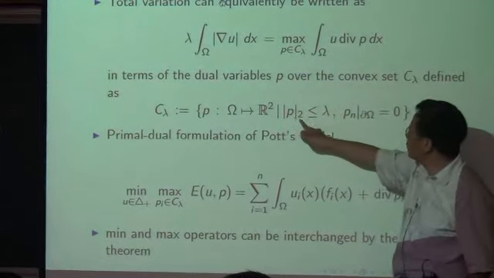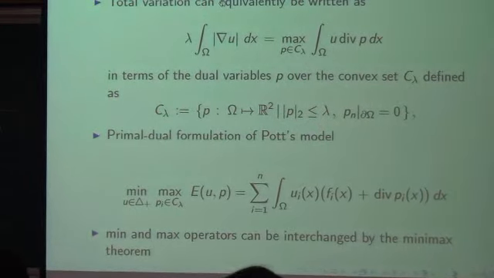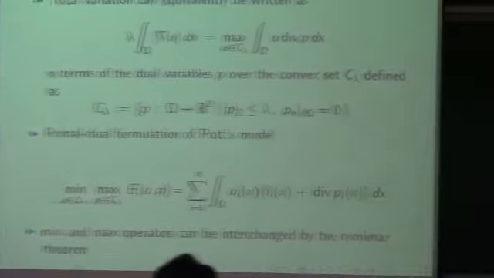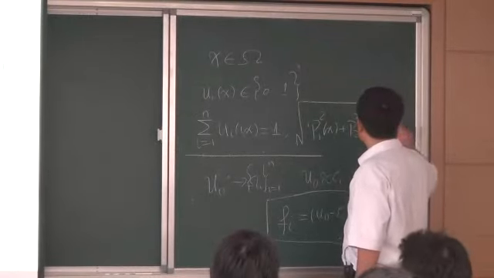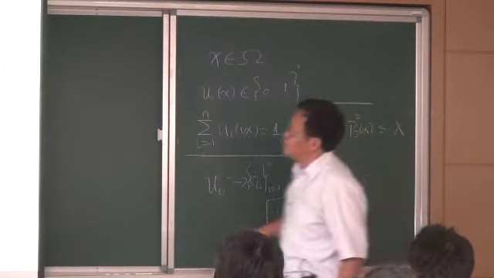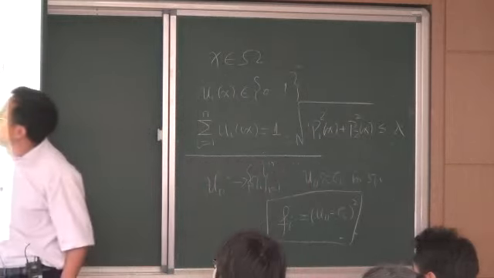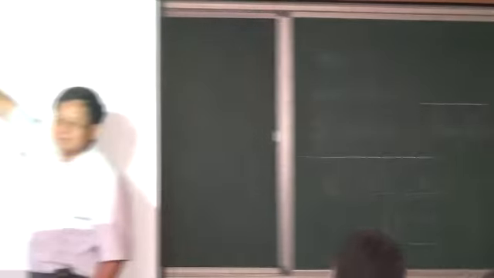This P is a vector, P1, P2. That means P1 x squared plus P2 x squared should be less than 1, because of the lambda we put in. So the TV term equals U divergence P, where P should be from here, and here you should maximize.